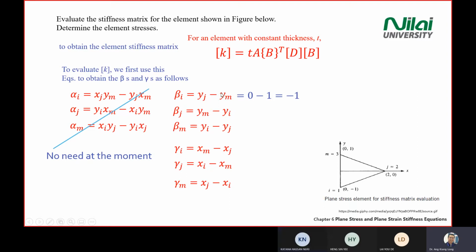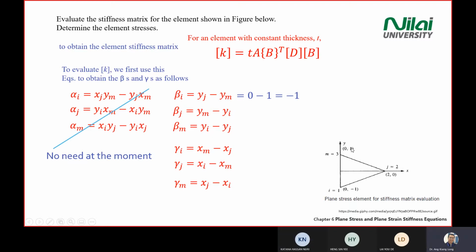Okay. So y sub m, it refer to which point? Here, m is equals to 3. No, again, don't confuse between the coordinate and the node number. Don't confuse between these two. M equal 3 means node number 3.